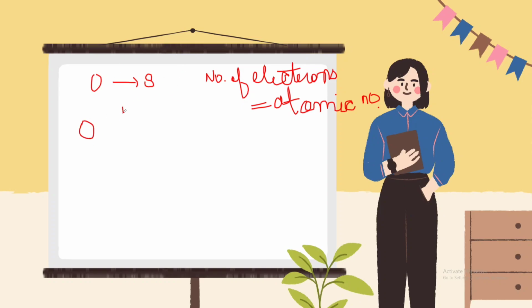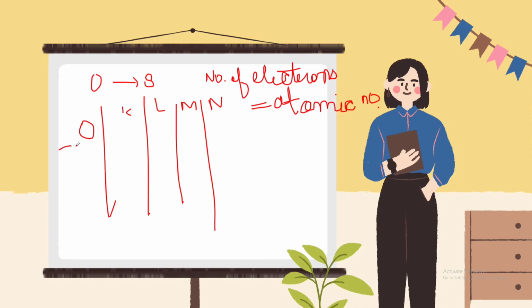Let's make our table K, L, M, N. Right, I'm making lines this time. Last time we did not make any lines. Okay. So in the first K shell, the maximum number of electrons is 2. So we'll write 2 here. Now we will move on to the next shell, because this shell is full.